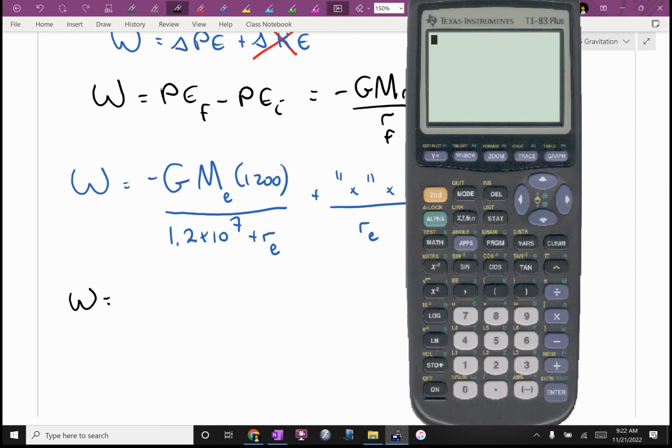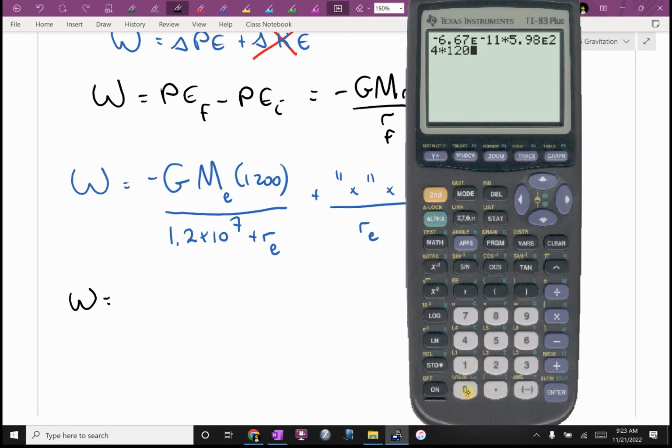Nick, what's the first thing I'm going to type? Good. Then 6.67 times 10 to the negative 11. Oop, I missed the negative. That would have been a problem. Times mass of the Earth, 5.98, scientific notation 24.